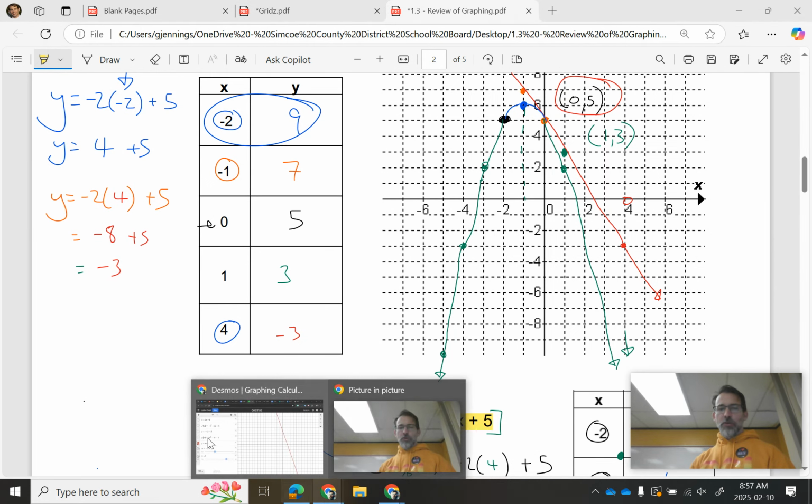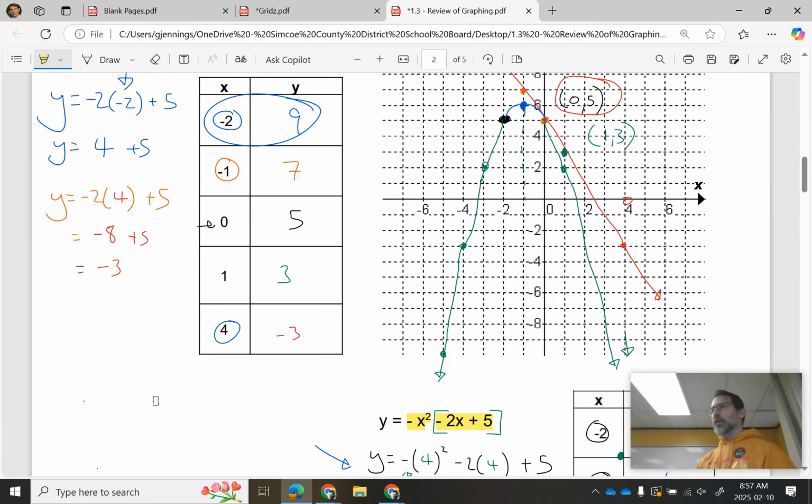I'll show you a Desmos visualization of this in a second, but can anyone describe the relationship between that parabola and that line visually, particularly about what's happening at the y-intercept? What do you notice along here and with this parabola here? Sydney?